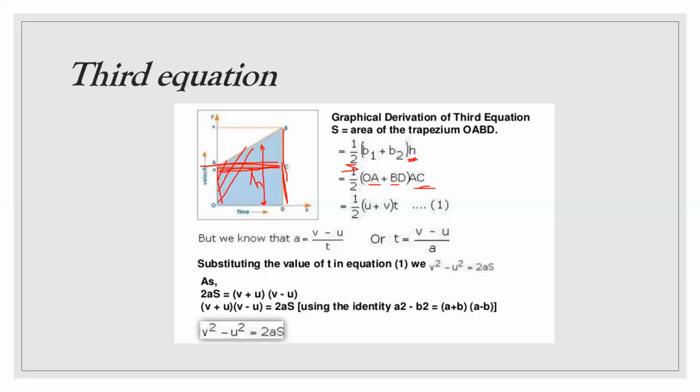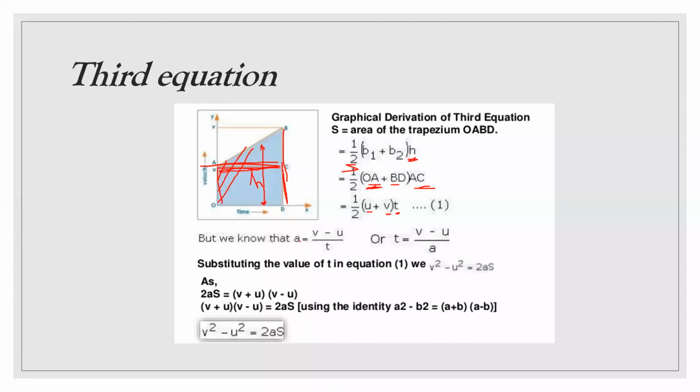Yes, distance between parallel sides. Very good, Gaurav. Now half into OA. What is OA? OA is equal to initial velocity. BD is equal to final velocity. And AC equals t.